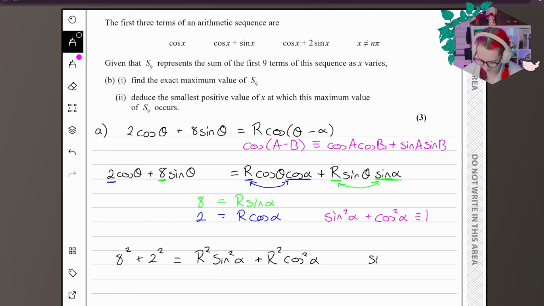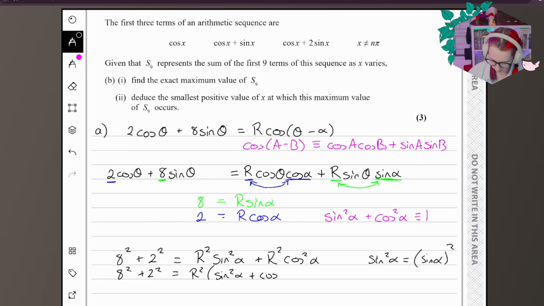And here, sine squared alpha is sine alpha all squared. It's just that we write it on the function, because if I wrote sine alpha squared, it kind of looks like I've squared the alpha, not the whole thing. So we bring it in front as an operator. So we have 8 squared plus 2 squared, and I can pull out an r squared from the front.